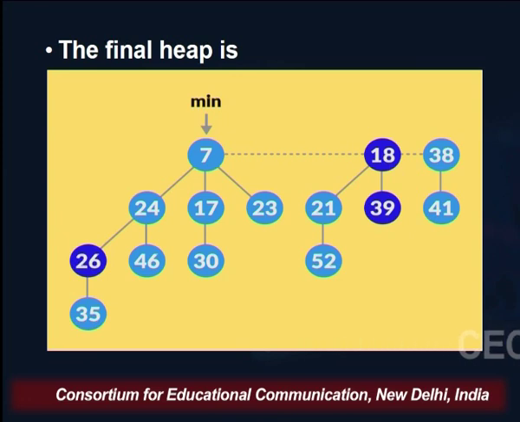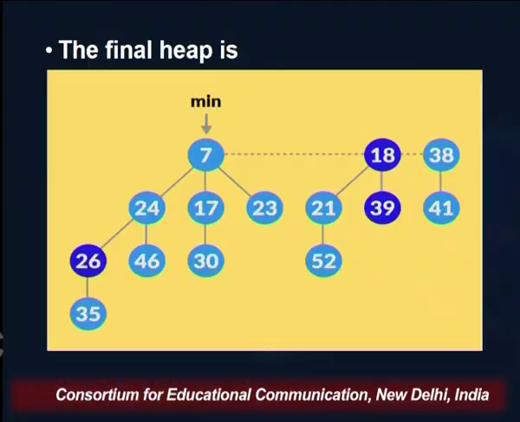So one tree with degree 1, one tree with degree 2, and one tree with degree 3, and finally 7 is regarded as the minimum node, because it has the lowest key among all available in the root list. So this was one procedure through which we unite the heaps, and finally map them after proper mixing and coordination.